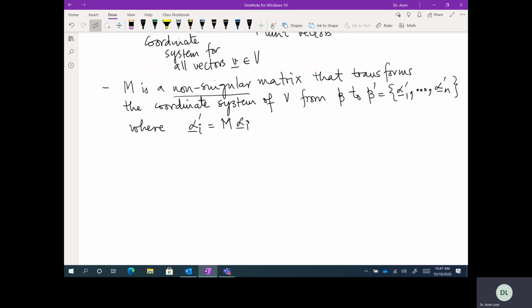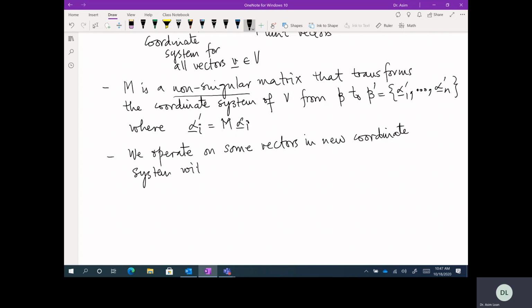So we want to tie the eigenvalues and eigenvectors to this transformation. We want to operate on some vectors in the new coordinate system with matrix A, which can be singular or non-singular.